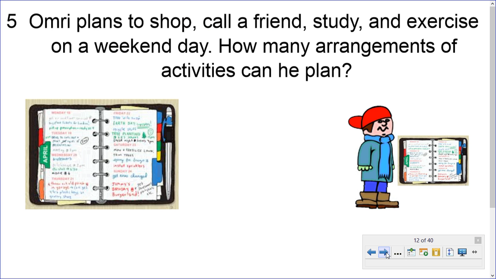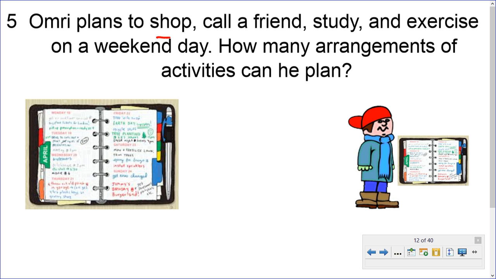Here we have one for you. Omri plans to shop, call a friend, study, and exercise on a weekend day. How many arrangements of activities can he plan? So that's one you can try. So he has a few things he's doing there. I notice he's doing some shopping.